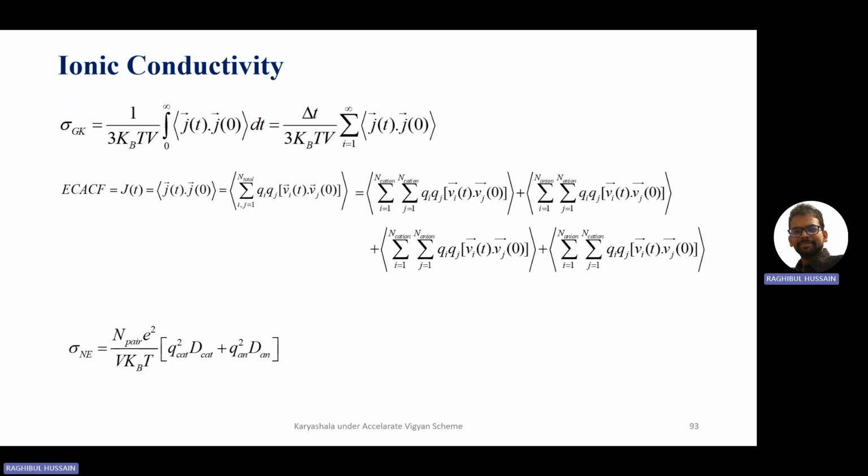That means the interaction between cation and anion is ignored. And this D_cat and D_an are basically the self-diffusivity of the particular ion. And these are the numerical values of the charge of the cation and anion. Let's say if it is LiTFSI, it is 1 squared, and that is -1 squared.